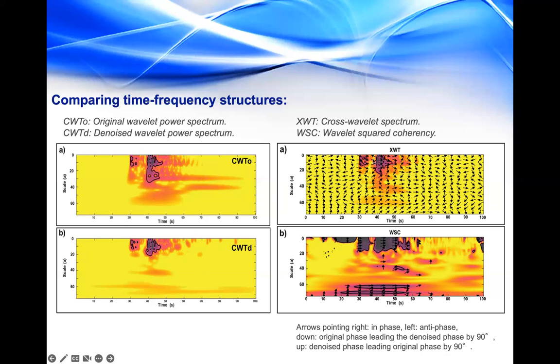As you can see, both of these plots indicate that the spectral structure of P and S waves has remained untouched after the denoising, and their phase information has not been affected.